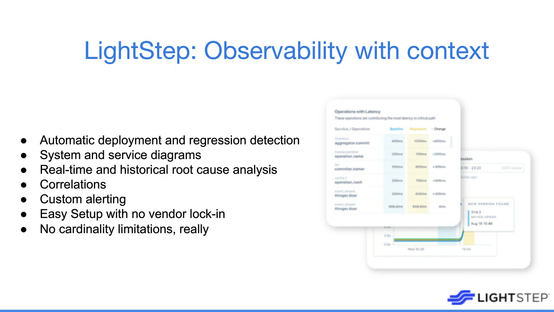Or maybe it's a new version that's only being hit so often. That's what the problem is. LightStep can automatically detect that for you and point it out without you having to, again, have pre-built a bunch of dashboards or your monitoring to look for that sort of stuff. And then we can alert on that.